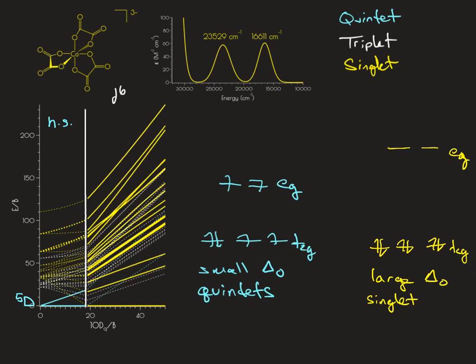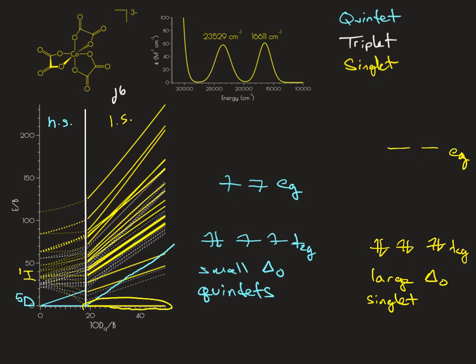As you increase in 10 Dq over B, eventually that no longer becomes the ground state term and rises in energy relative to the new ground state term. As we cross over, we're now a low spin species, and the ground state term originates from that singlet I free ion value. So now we have a singlet ground state.